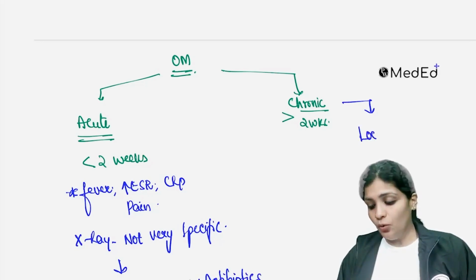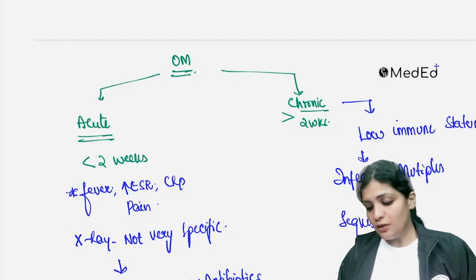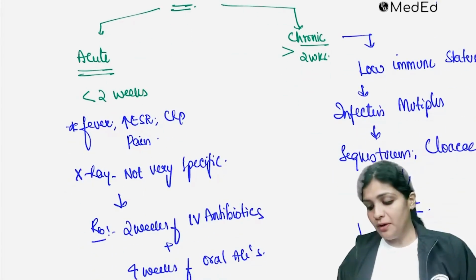And because of the low immune status, the infection proliferates, the infection multiplies, and then it will result in sequestrum, cloacae, and then it opens up as this. So here chronic osteomyelitis, it is surgical management.